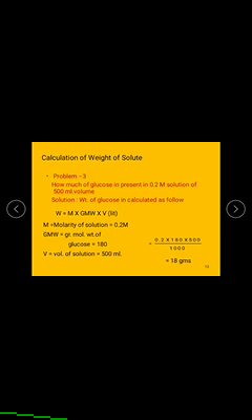Here M is 0.2, GMW is 180, the molecular weight of glucose, C6H12O6, from the atoms in its chemical formula. So W = 0.2 × 180 × 500/1000. On simplification we get 18 grams. 18 grams of glucose is present in 500 ml of 0.2 M glucose solution.